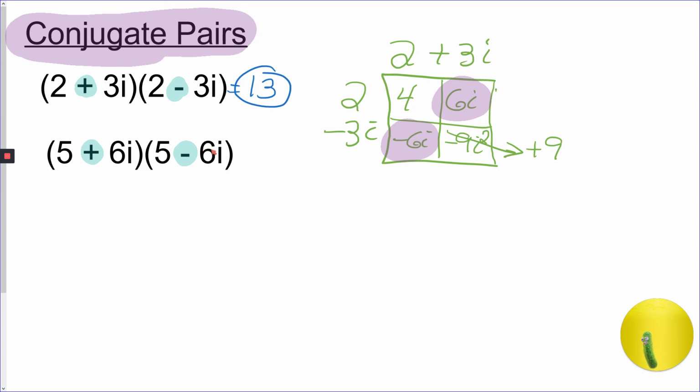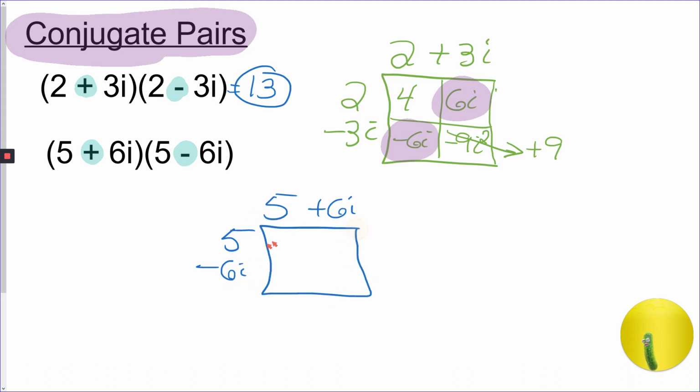So in this one here, it's a conjugate pair, right? So we get the 5 plus 6i and the 5 minus 6i. And we are looking at 25, and we got plus 30i and minus 30i. And this one here we have negative 36i squared.